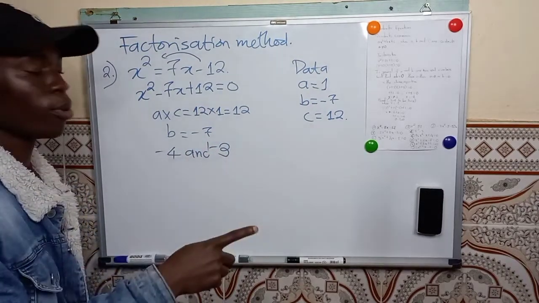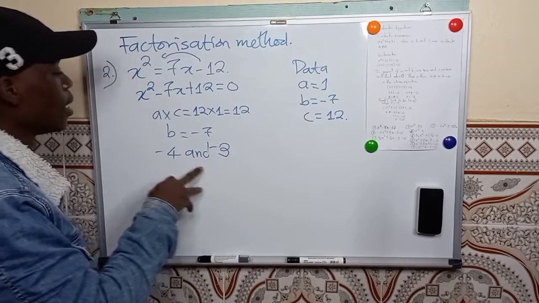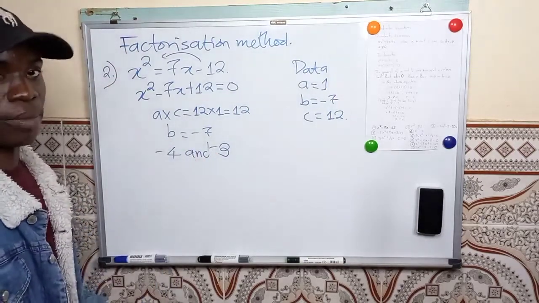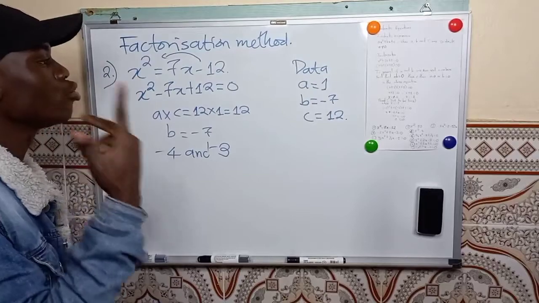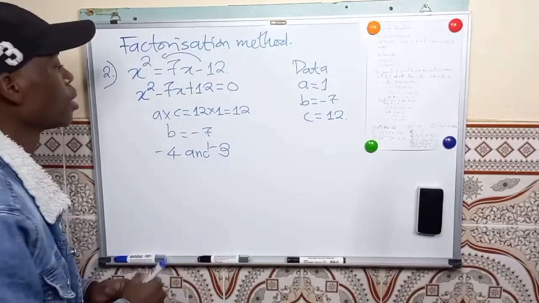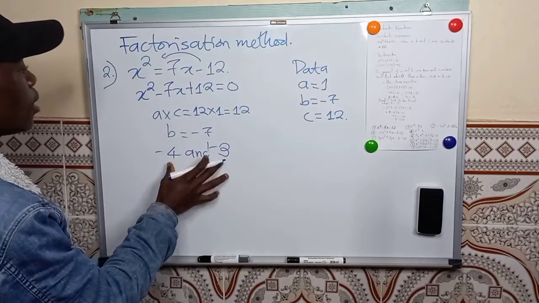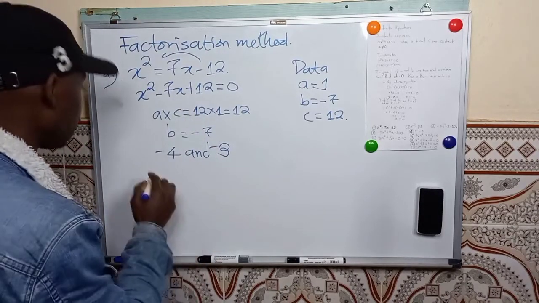Negative times negative is positive. -4 plus -3 will give you -7. So you have to be very sharp. Think of two numbers. It's about trial and error. Then we get these and replace them in our equation.